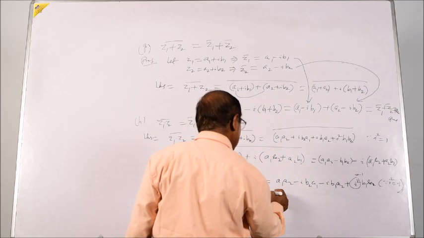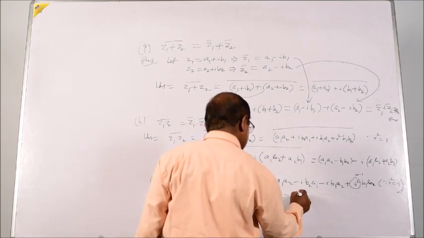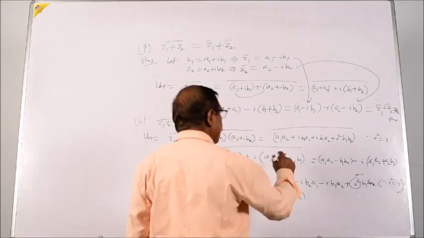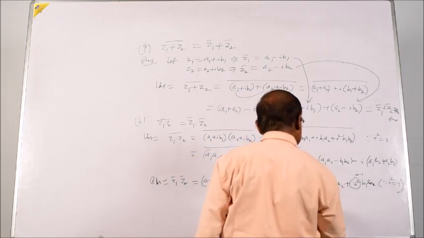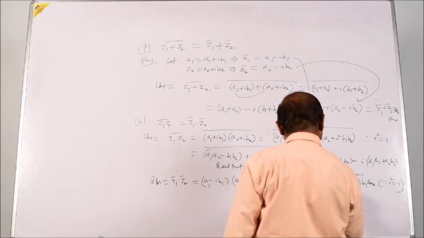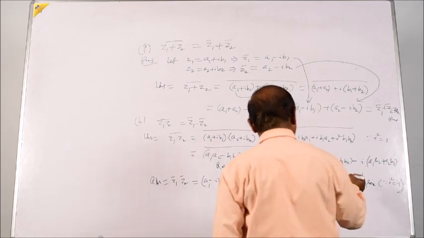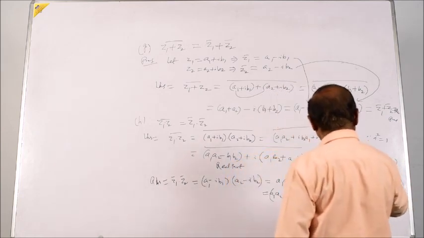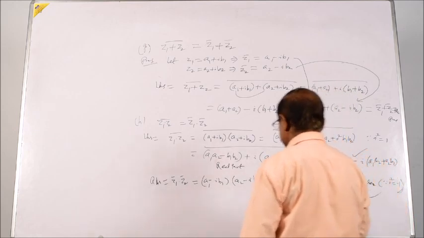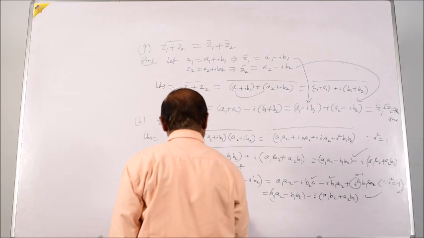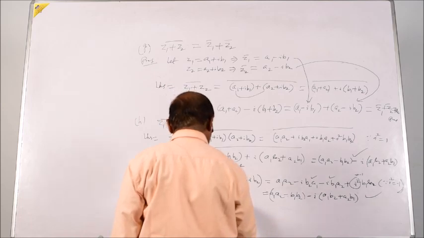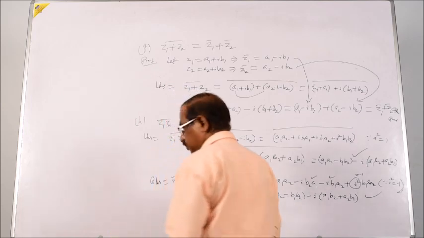So ultimately this will be a1 a2 minus b1 b2, and you take i common here, so you will get minus i times a1 b2 plus a2 b1. You see both are same, this one and this one. That implies z1 dot z2 whole bar is equal to z1 bar into z2 bar.